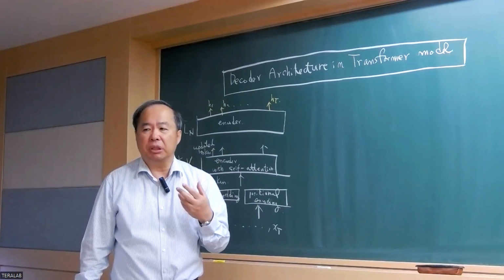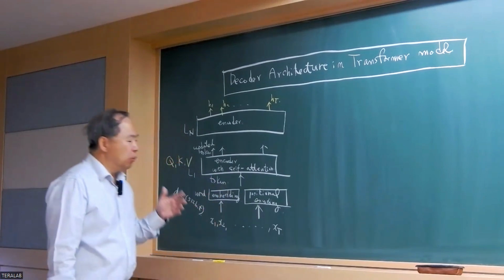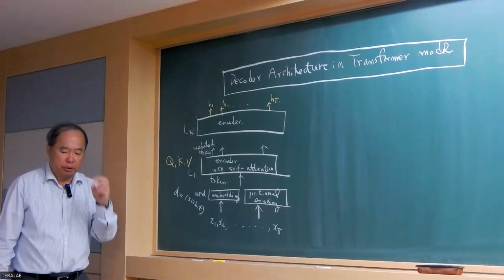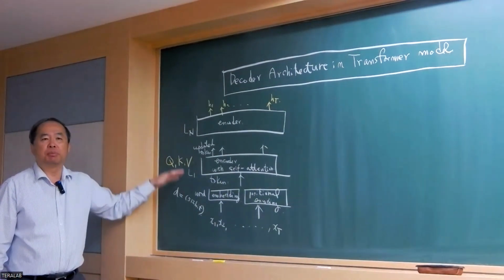People are not patient enough to wait a minute or 10 minutes for the response from OpenAI. So one way to reduce the response time of the transformer model is parallel processing.